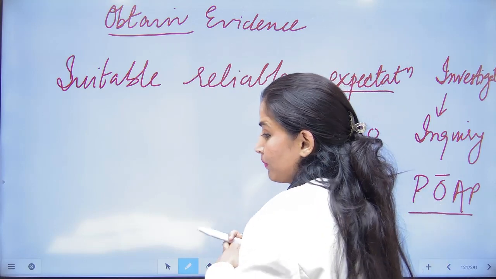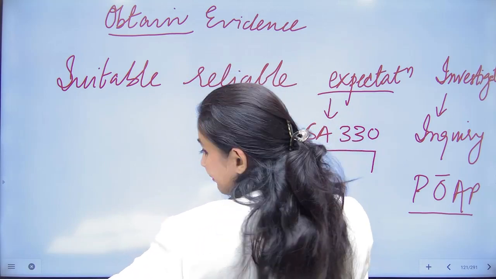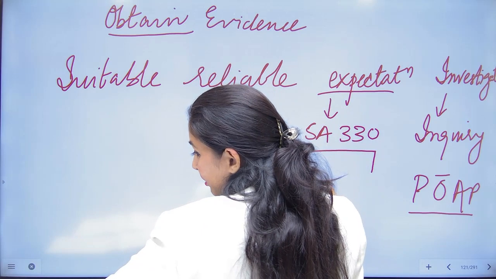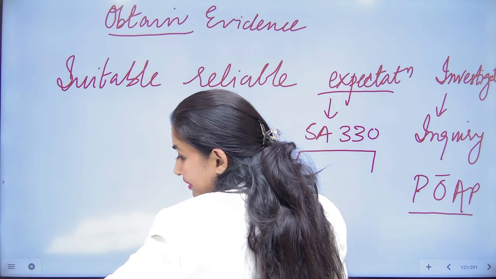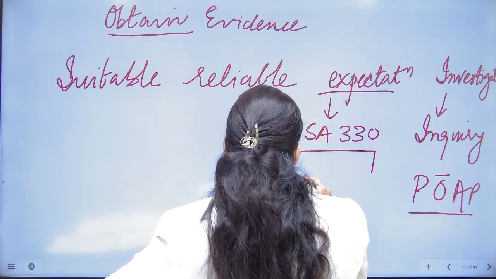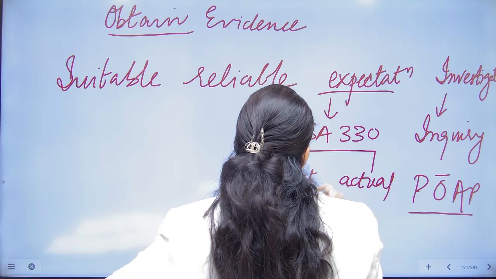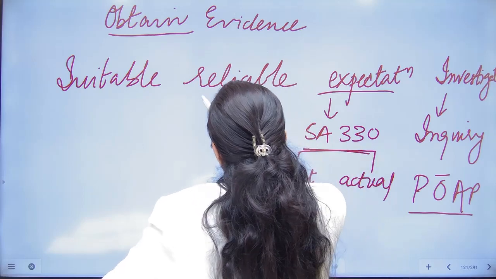What are the two parts here? What you will do is, you will actually see why the difference is there, what is your expectation, and what is the difference. So what did you actually expect, and what are the actual figures, right? And what is your response to the assessed risk?